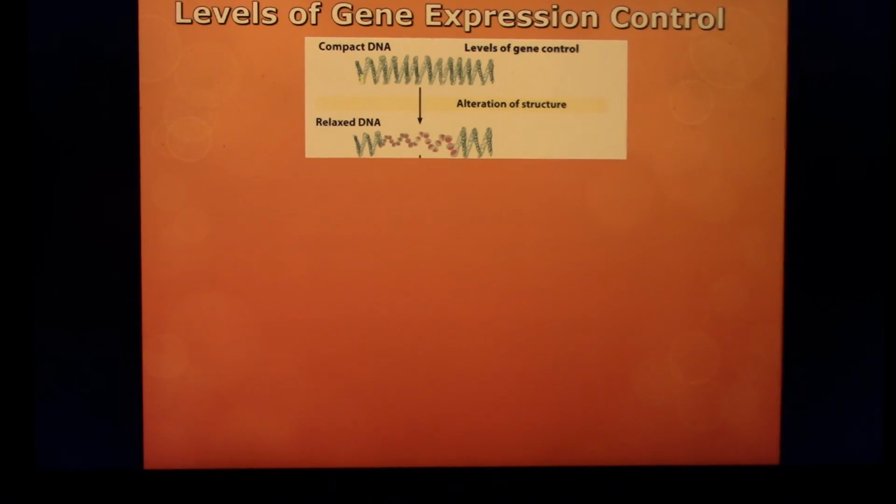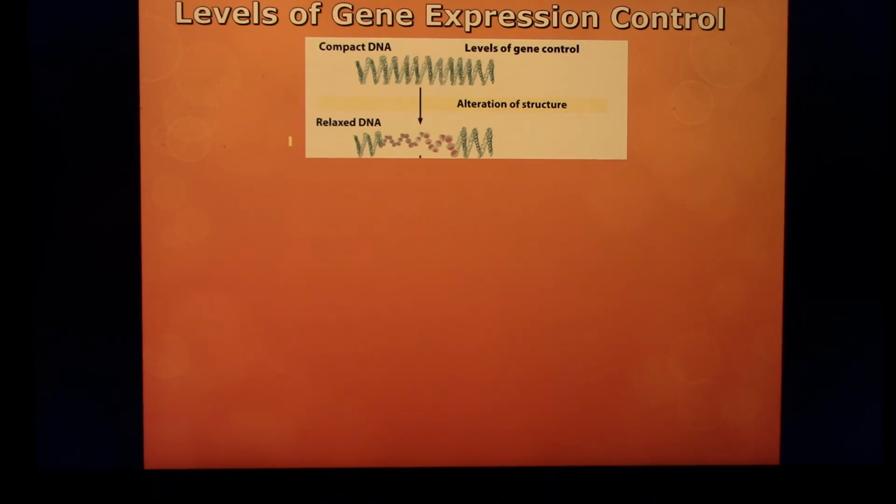Sorry about that. But we've got up top this compact DNA. So we know that as heterochromatin. And one step in a eukaryote, for example, is that we need to go from the heterochromatin up top to the next step down, which is relaxed DNA that we know as euchromatin.